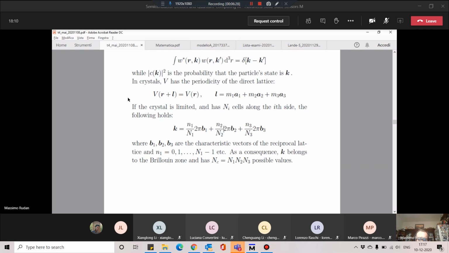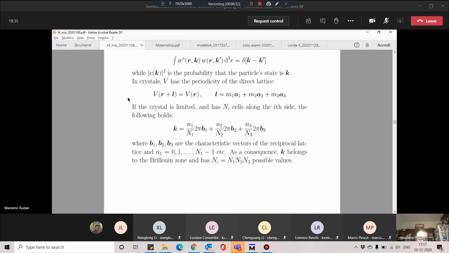That means that we can limit the consideration of the k vector only to one period of the reciprocal scaled lattice, and this period, as you may remember, is the elementary cell. And in many occasions, we use for the elementary cell the Brillouin zone.